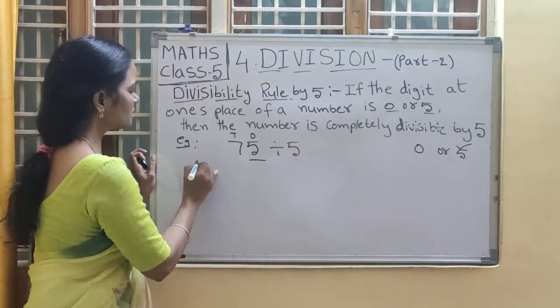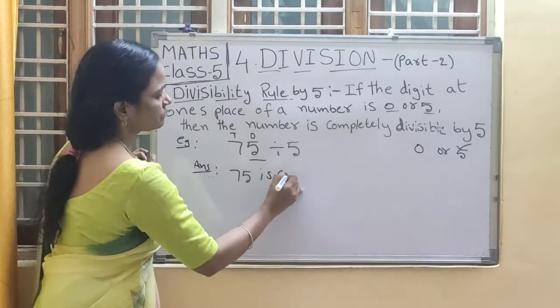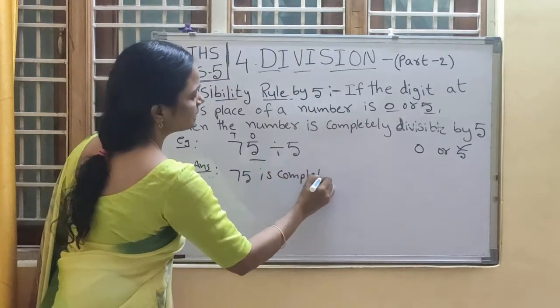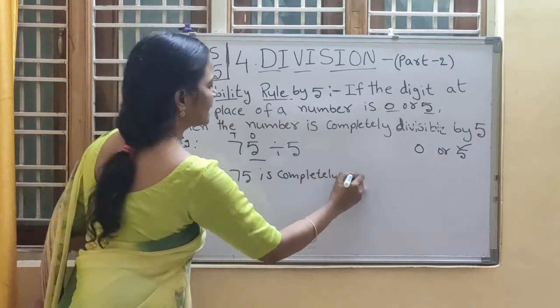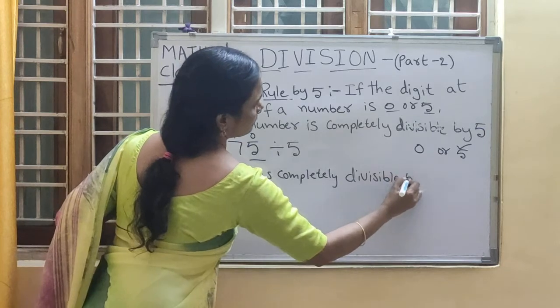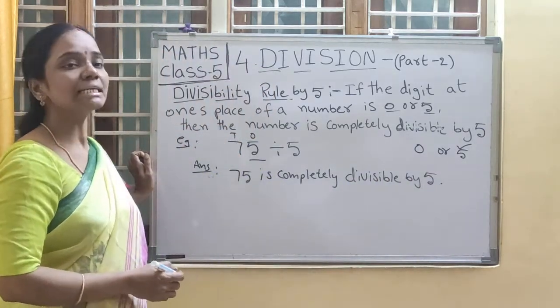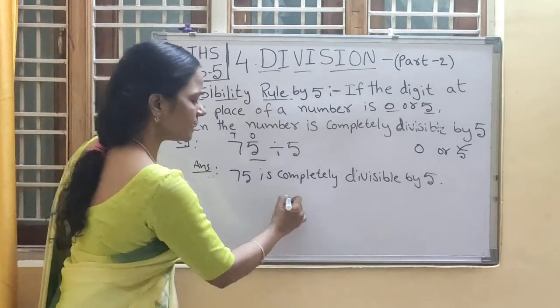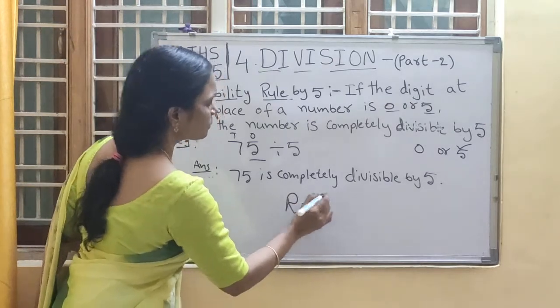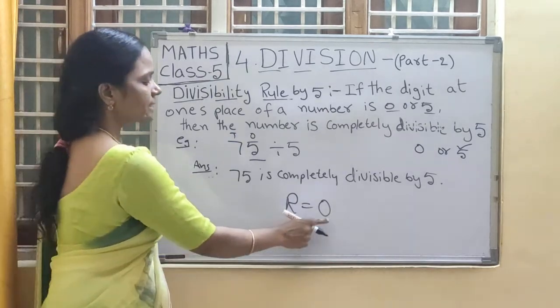Write down the answer: 75 is completely divisible by 5. If a number is completely divisible, then the remainder is 0.